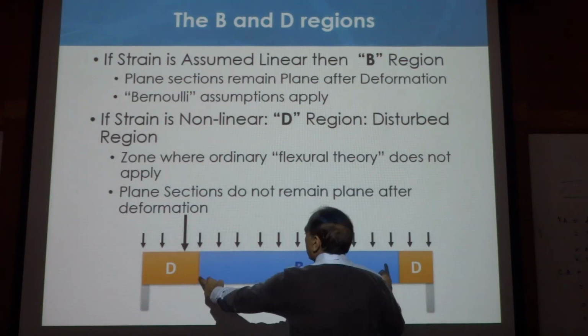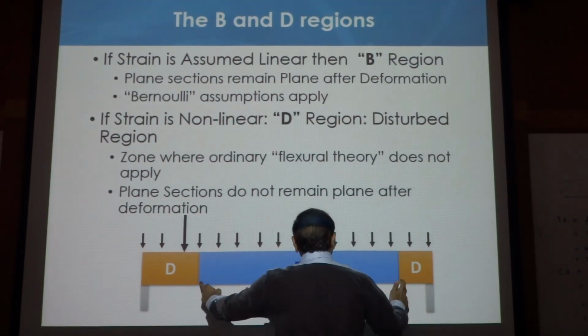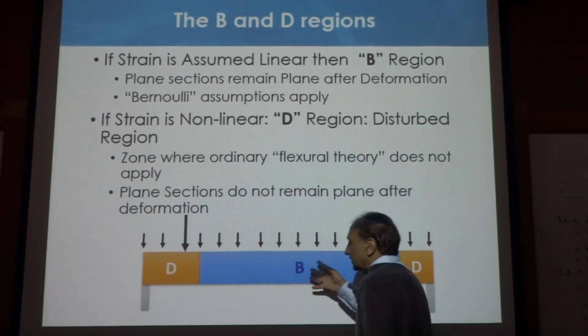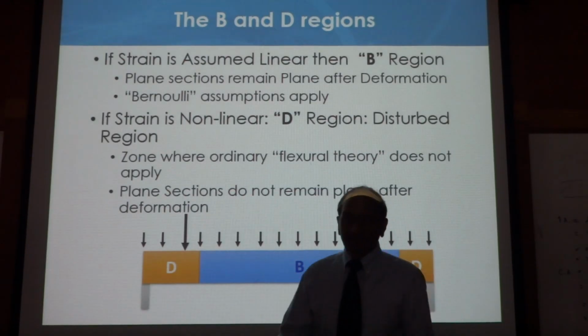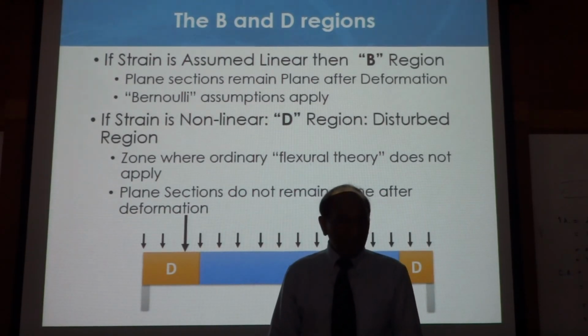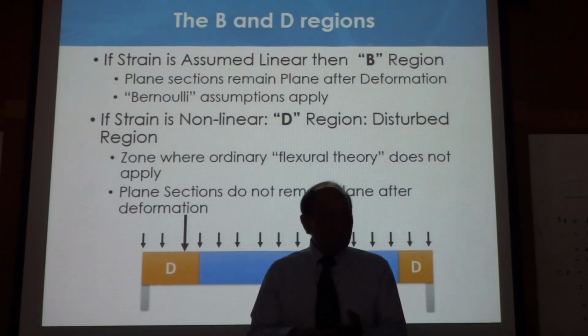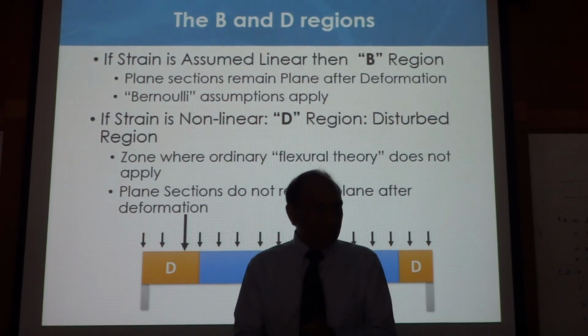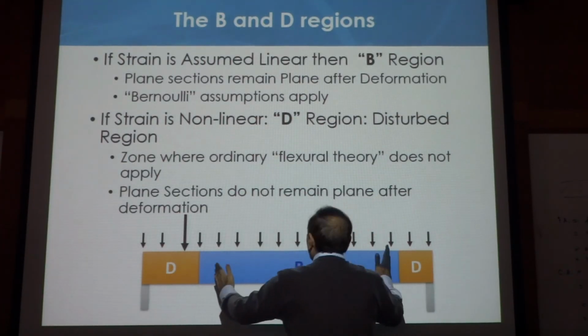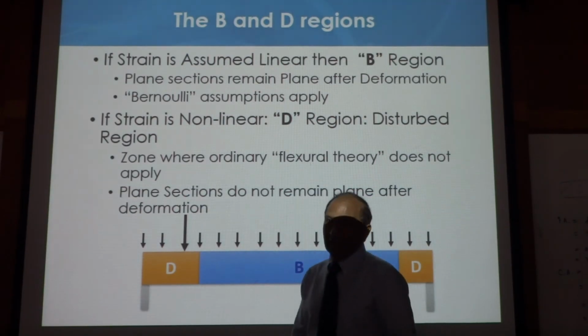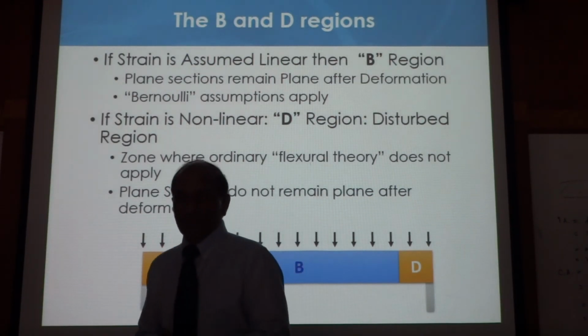Here, ACI says you use certain equations that we have studied before midterm. All of that you have studied, shear, torsion, flexure, everything so far applies to the blue region. It does not apply to the orange region.